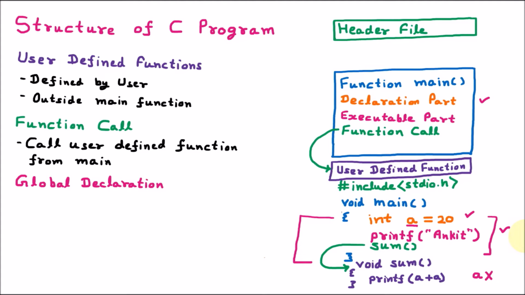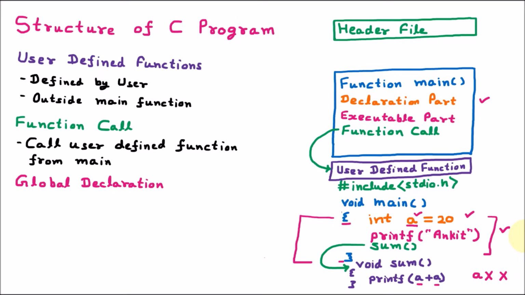So this is not the proper declaration, because if I want to access this a, that is not possible because they are outside the boundary. What is the boundary? The starting bracket and the ending bracket where a is defined. So this is the local declaration.